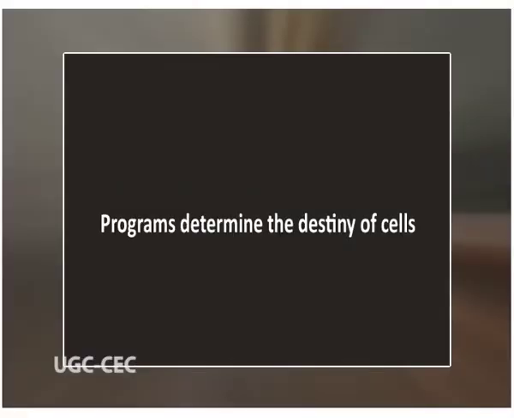Programs determine the destiny of cells, that is whether they undergo division, differentiation or apoptosis. Programs control the activity of differentiated cells, determining whether they secrete more or less substance, whether they contract or relax, and whether they transport and metabolize nutrients at higher or lower rates.